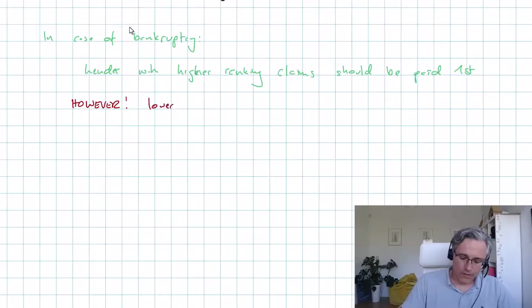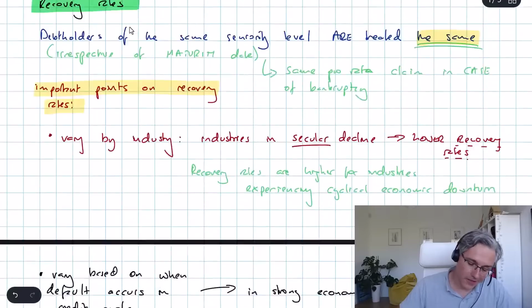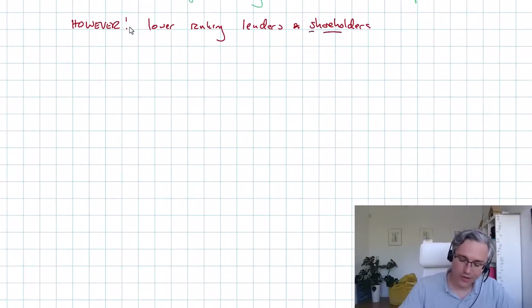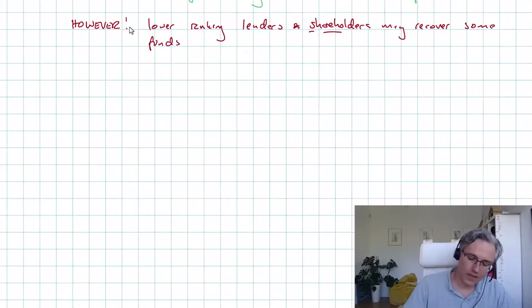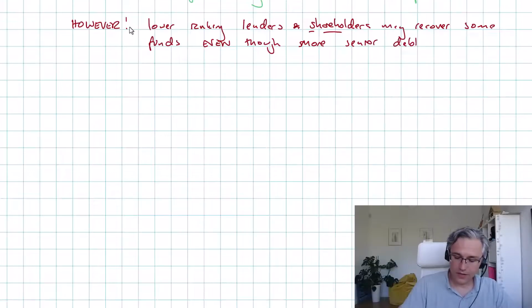Often, lower ranking lenders, as well as shareholders who, in theory, should be at the very end, even below the junior subordinated debt holders in terms of the hierarchy of receiving anything, even the shareholders may recover some funds, even if the more senior ranking lenders, more senior debt holders have not been repaid fully.